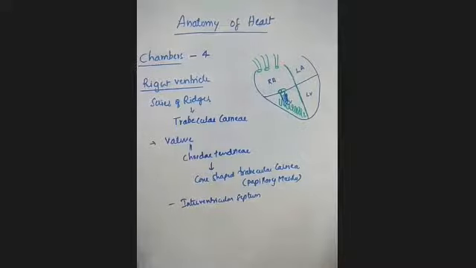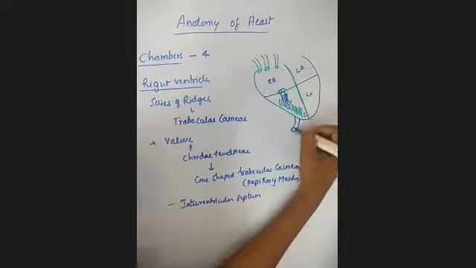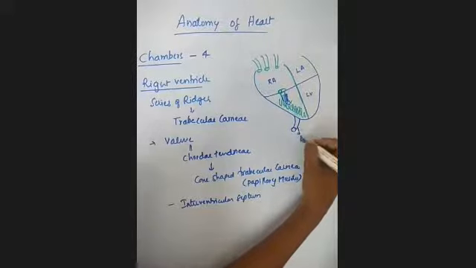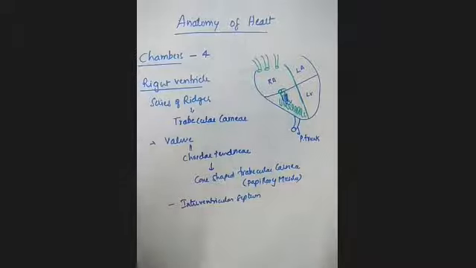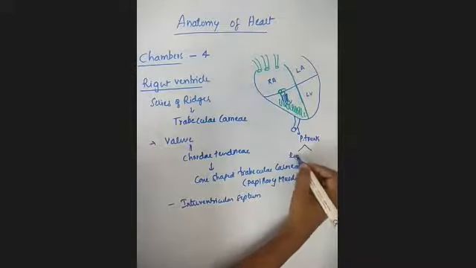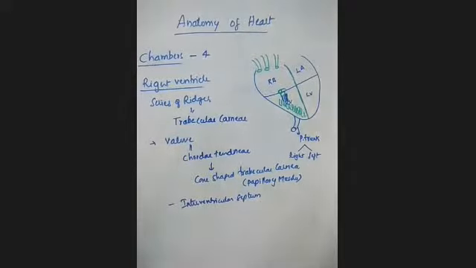From this right ventricle, the blood is passed into the pulmonary trunk. Here you have this pulmonary trunk. The blood from the right ventricle enters the pulmonary trunk, and this pulmonary trunk is divided into the right and left pulmonary arteries.